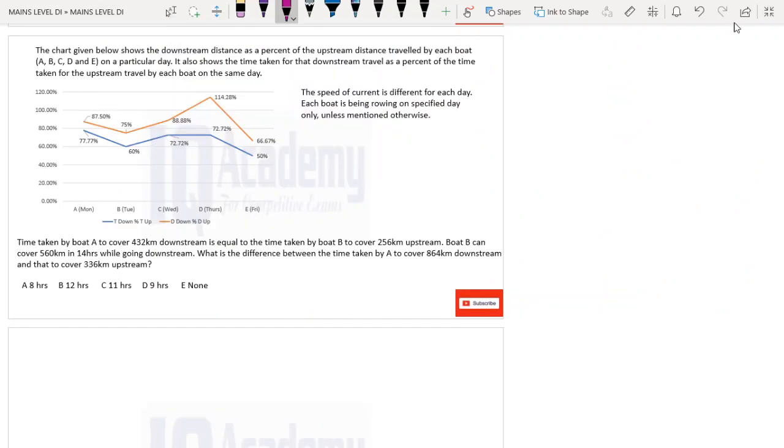The next question is, time taken by boat A to cover 432 km downstream is equal to the time taken by boat B to cover 256 km upstream. So we'll write the data regarding A and B. For A, downstream, upstream, the distance ratio is 7:8. The time ratio is 7:9.